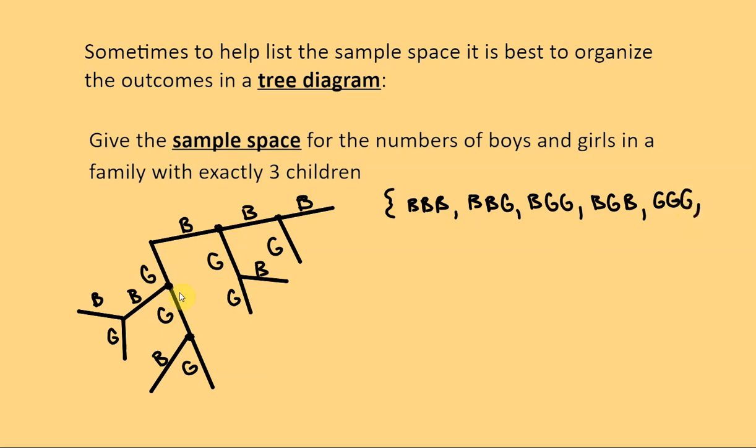We could have 2 girls and a boy. We could have a girl, a boy, and a girl. Or we could have a girl, a boy, and a boy. And those are our possible outcomes.